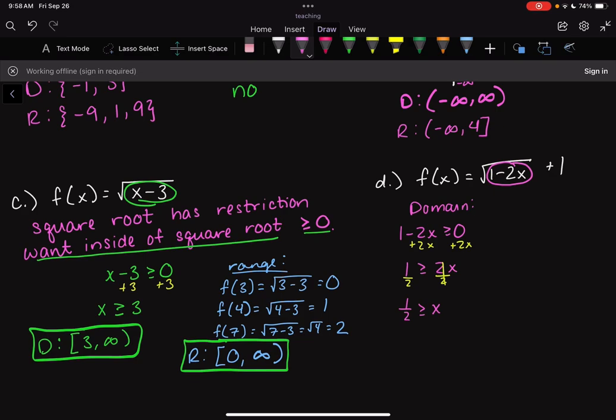If I read this from the x point of view, I guess you could say, it's saying x has to be less than or equal to 1/2. So my domain for this one, x has to be less than or equal to 1/2. So that's going to be negative infinity to 1/2.